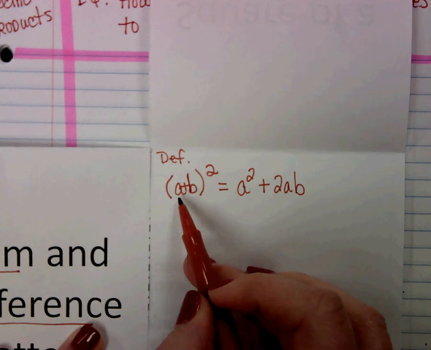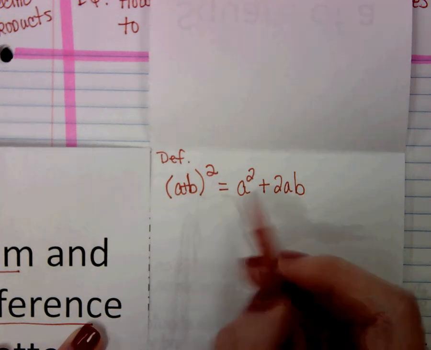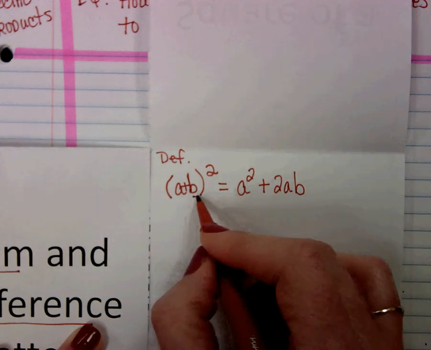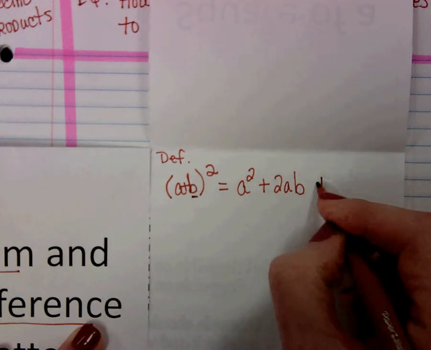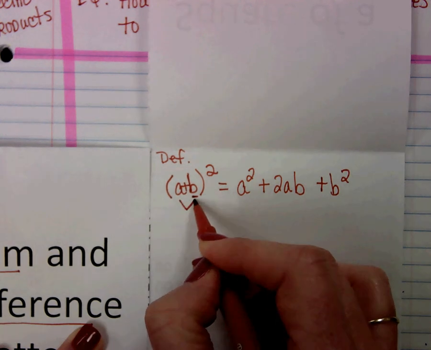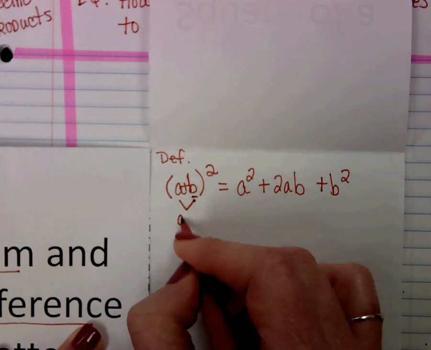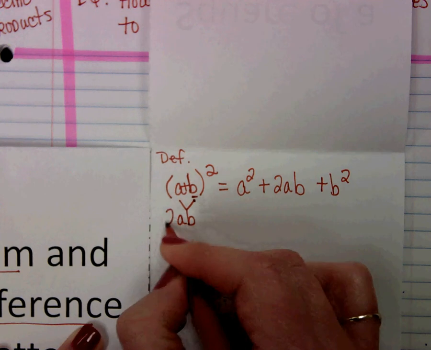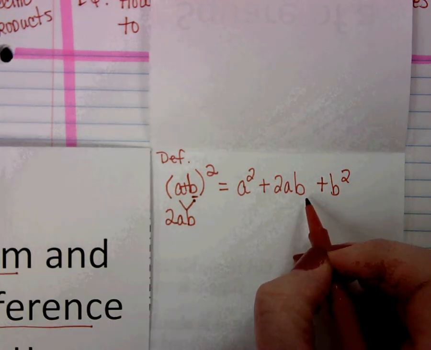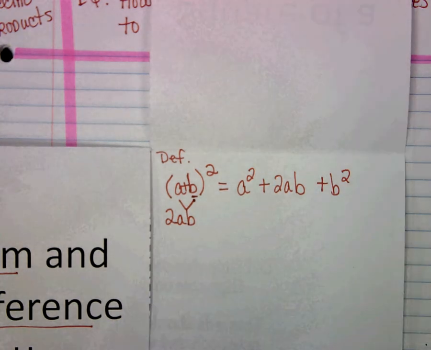So basically what we're going to do here is we're going to square our first term, A squared. We're going to square our last term, B squared. We're going to find the product of the two terms, A times B, and then multiply it by 2, 2AB. This rule, I don't love it as much.